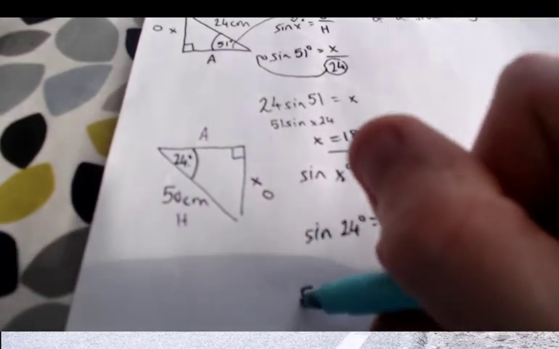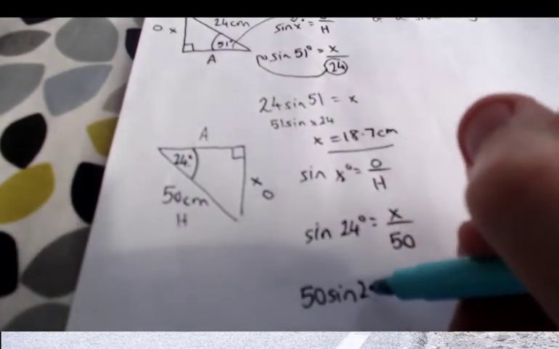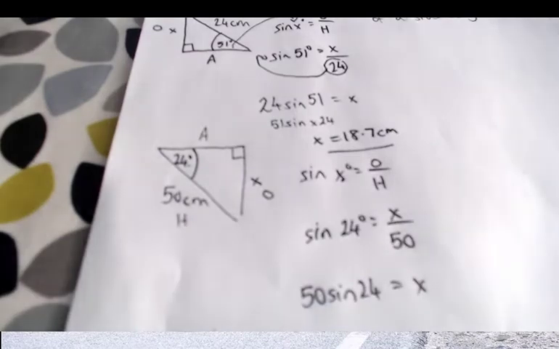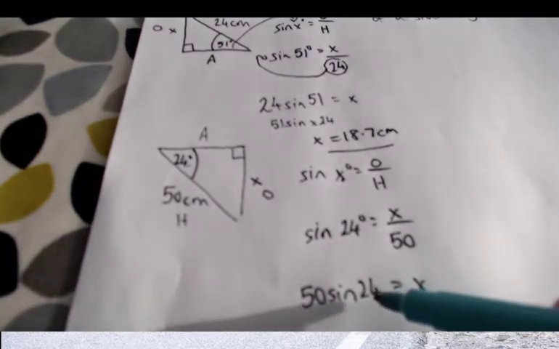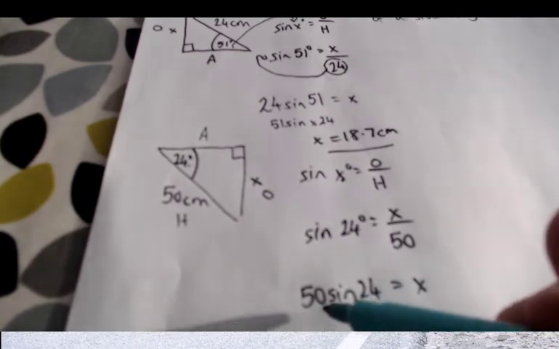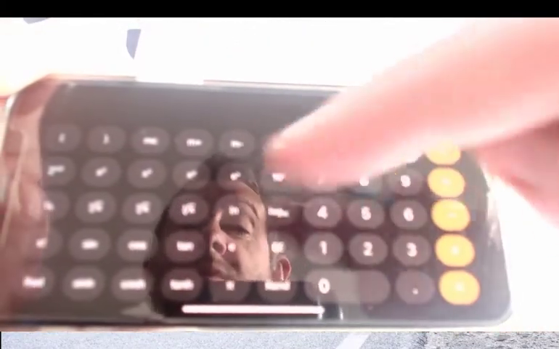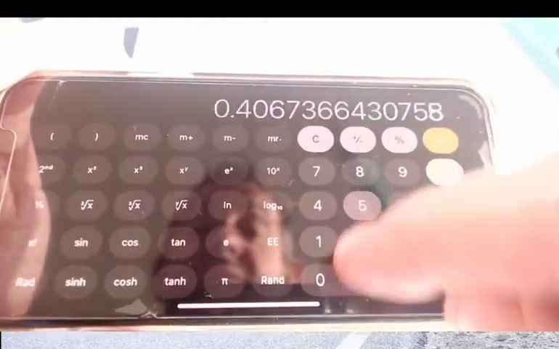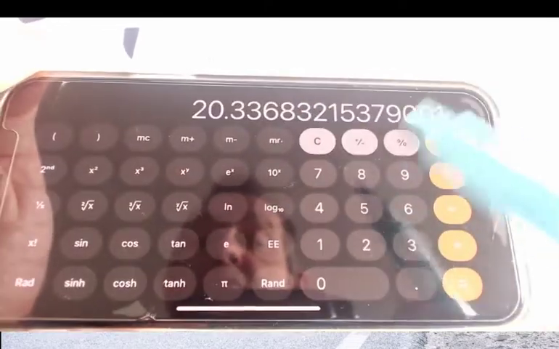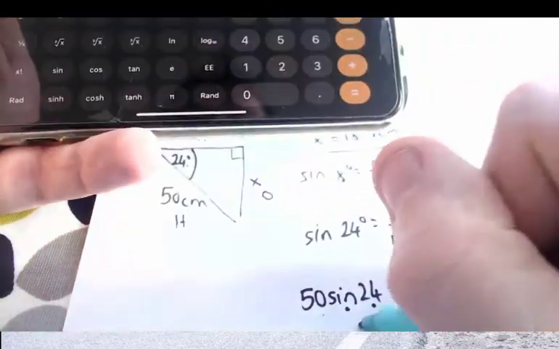And then I'm going to take the 50 and move it up there. So 50 sine 24 will equal x. Remember, if you're using your phone, we're going to have to do 24 sine times 50. That gives 20.33, so that'll be 20.3.